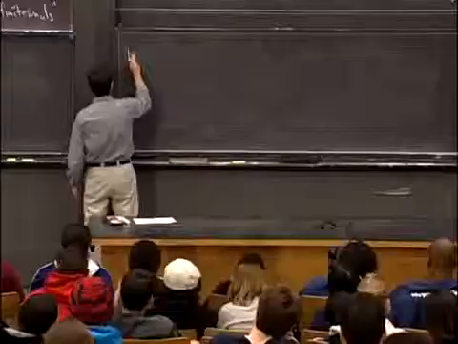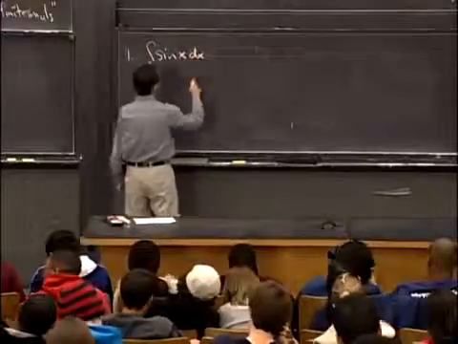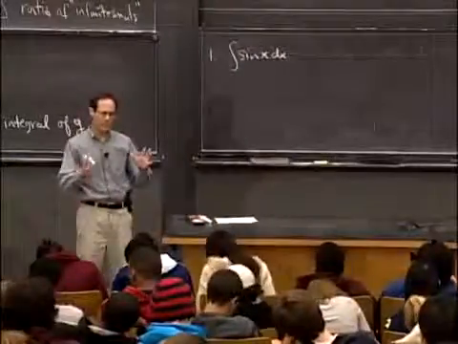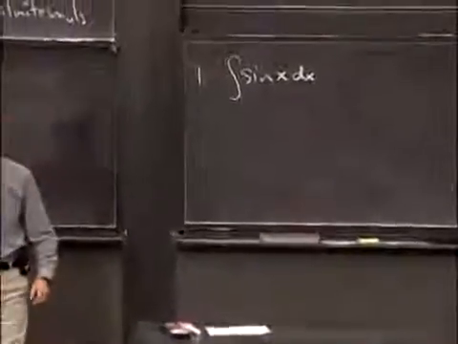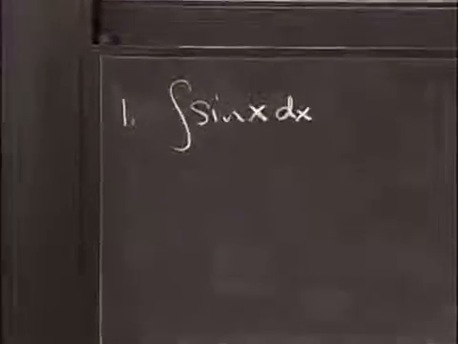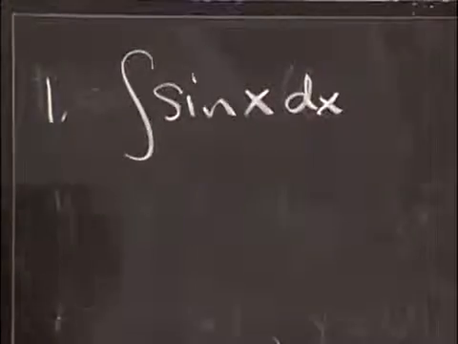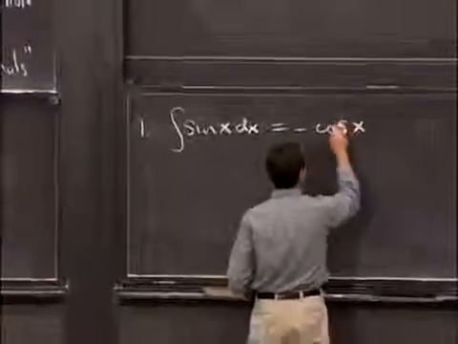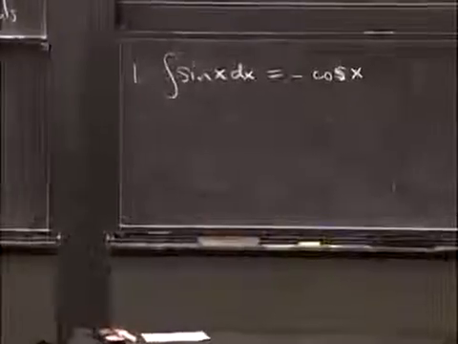We're going to start out with the integral of sine x dx. That's a function whose derivative is sine x. So what function would that be? Cosine x minus, right. It's negative cosine x.